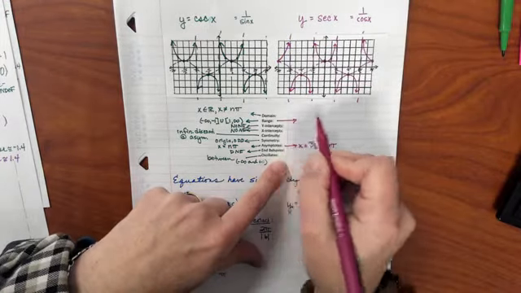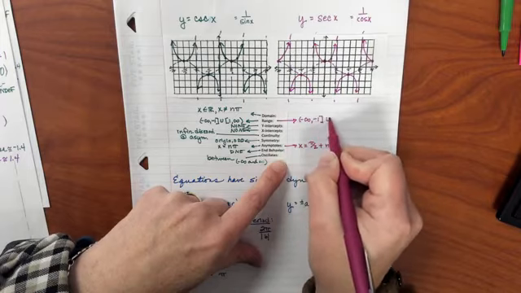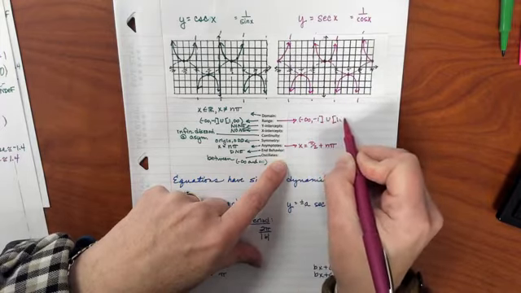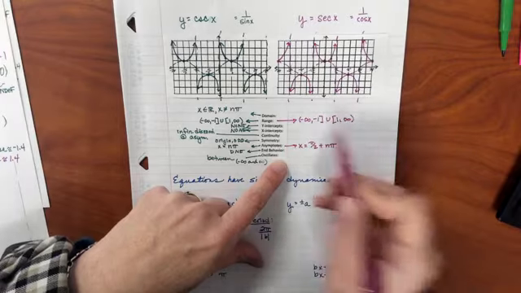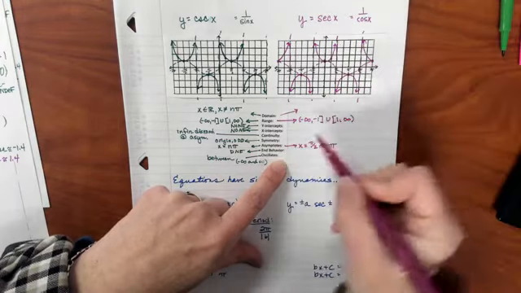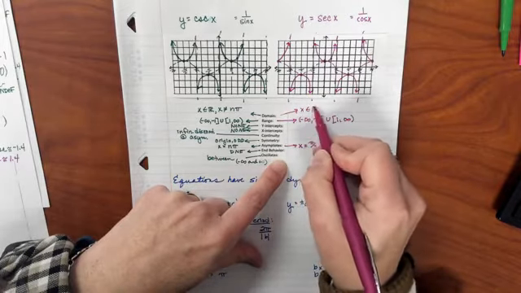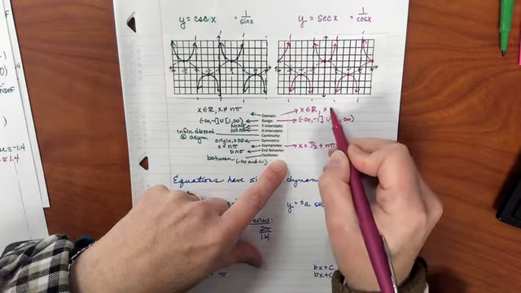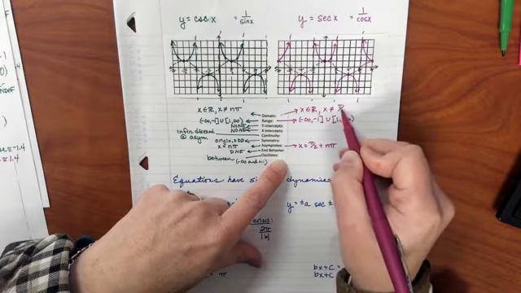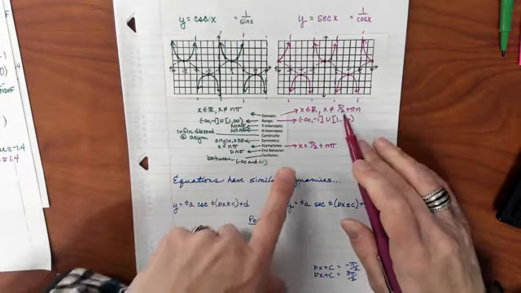Our range, negative infinity to negative 1, and includes that, and then from 1 to infinity. Our domain, again, exists everywhere except at those asymptotes. So x is all reals except it does not equal where my asymptotes are, at odd multiples of pi over 2.